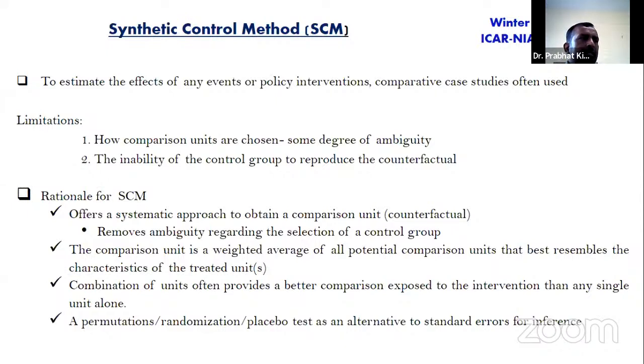But here I can say that to construct the counterfactual, for each state we have some observations, and we include some factors which are responsible for groundwater depletion in our model. Then we see how Punjab's characteristics resemble other states.